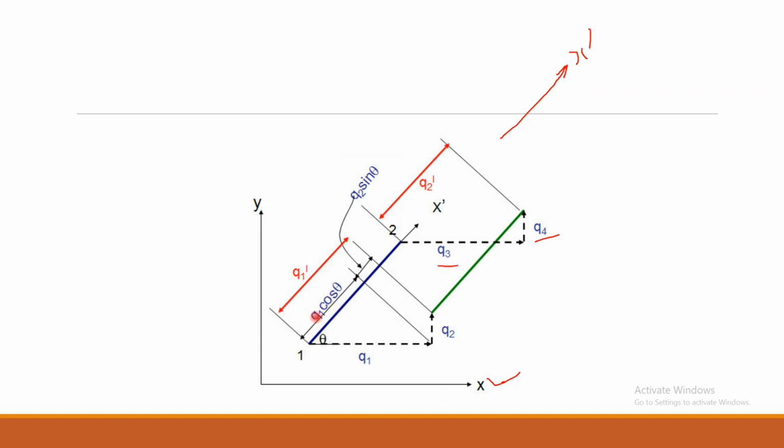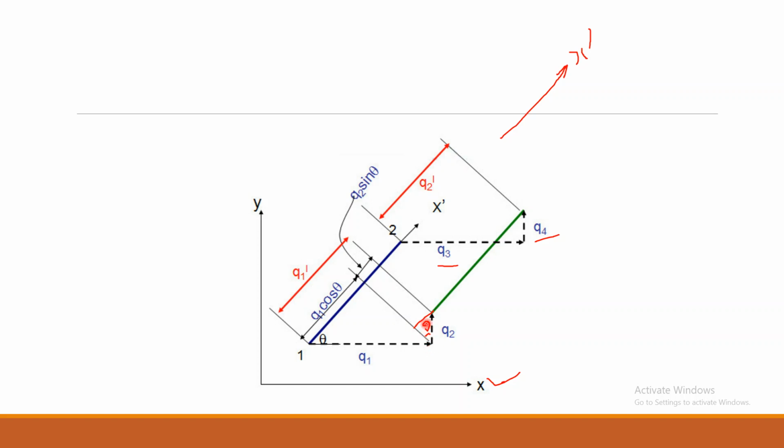If I take this as a triangle, and by using the triangular sine cosine rules, I can express this portion as q1 cos theta. Since it is a triangle and it's adjacent, it becomes q1 cos theta. Similarly, here also, if I consider like this, then this portion will be q2 sin theta.